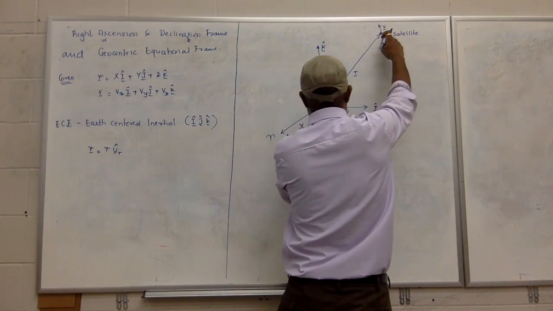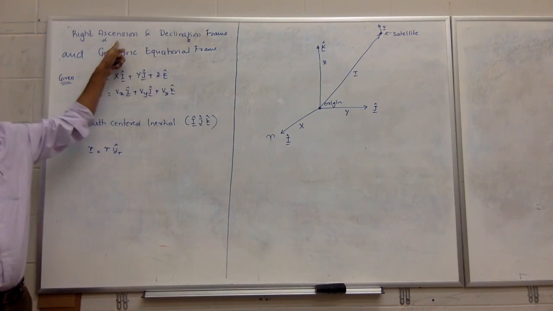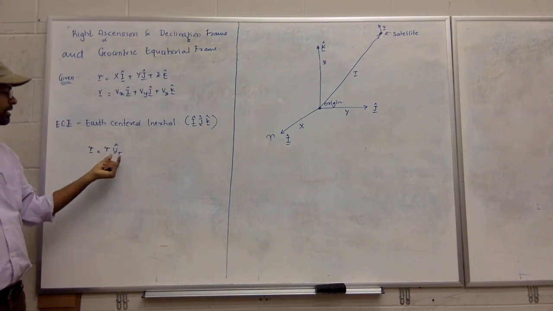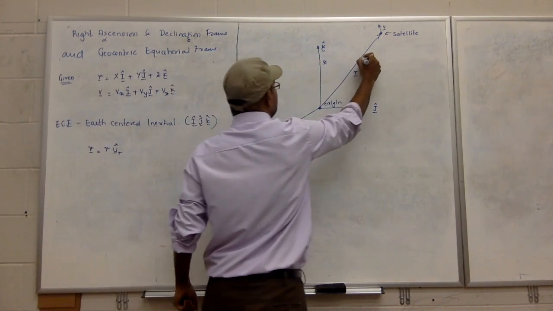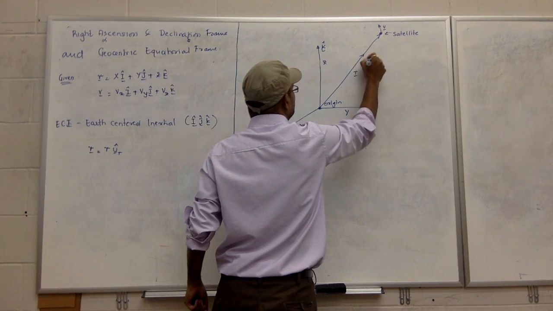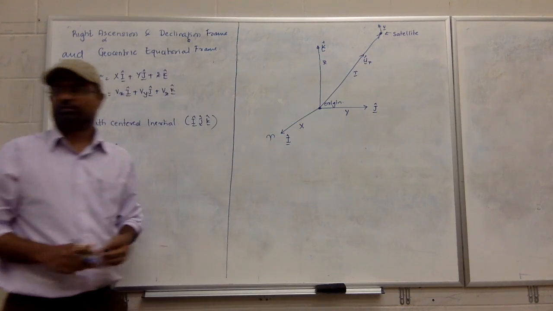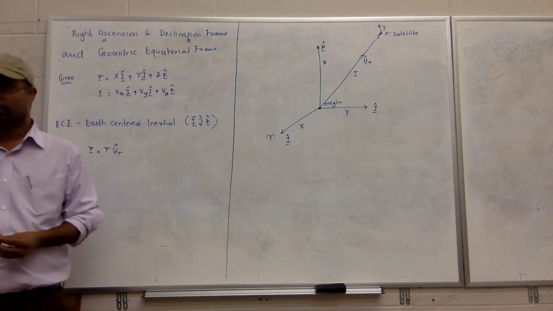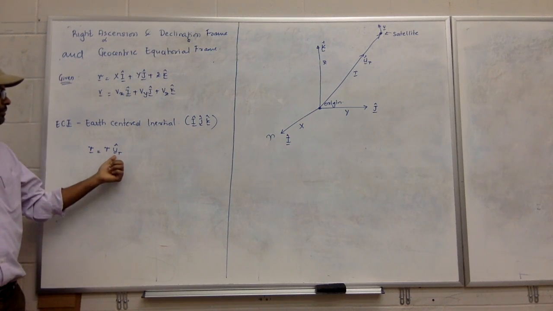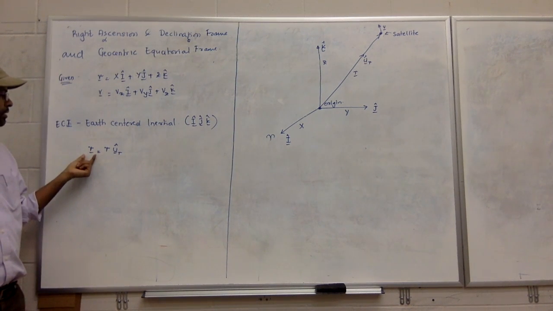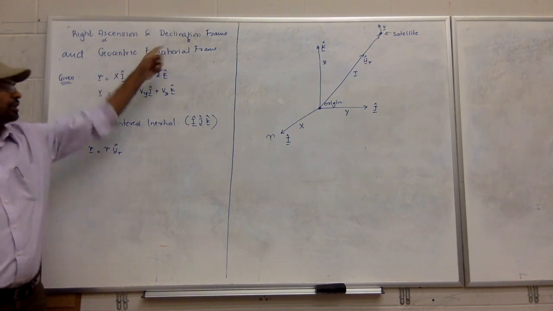This distance plays a role here as well, right? UR is the unit vector in that direction. Make sense? Now you have to figure out a relationship between this and this.